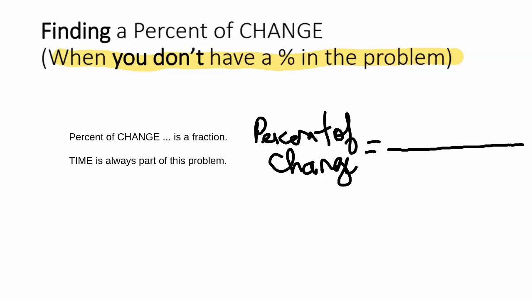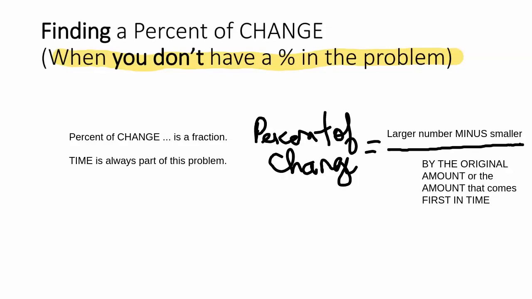It is going to be larger number minus smaller number, and then it is divided by the original amount, or the amount that comes first in time.